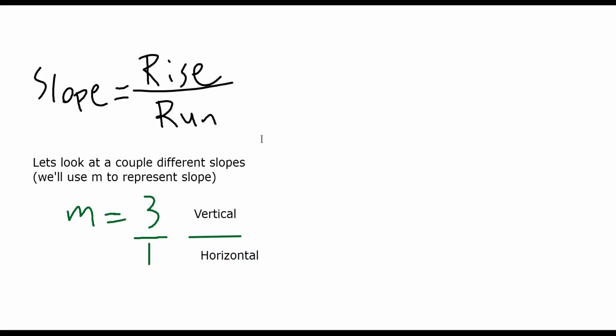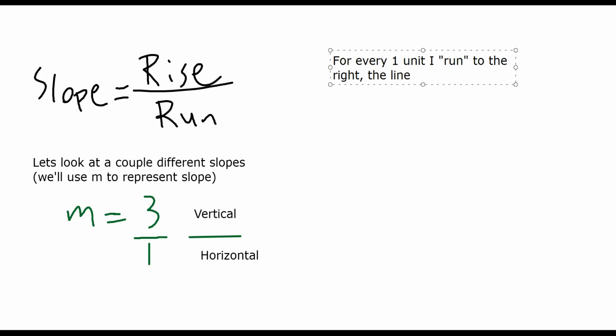What this means then, for every 1 unit I run to the right, and I use 1 because that's the denominator, the line rises 3 units, the top number.